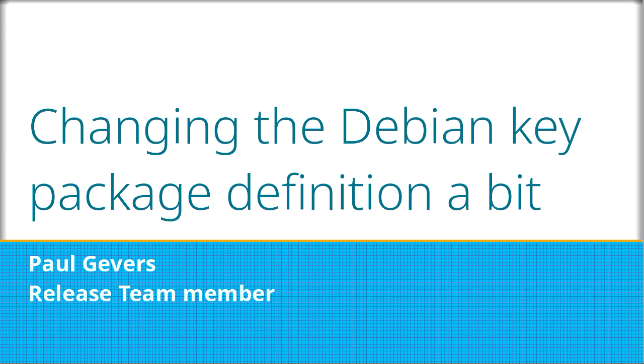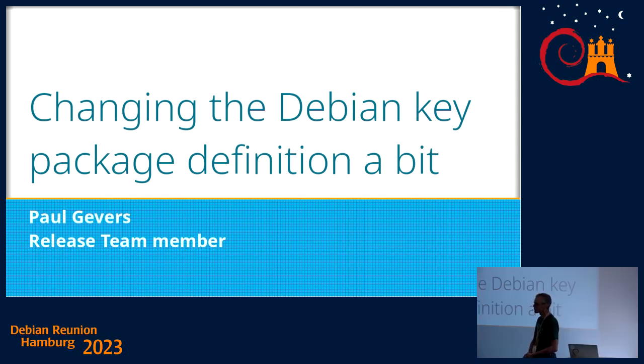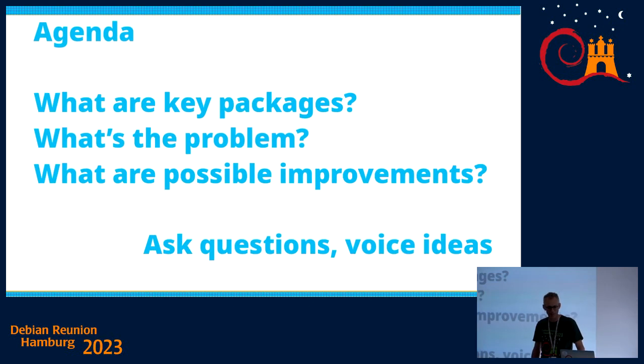Thank you. Just like the previous talk, I hope this to be more of a discussion, but I'll also give a short introduction. I'm a member of the release team, and one of the tools that we have is the key package set definition. They work, but I'd like to have some changes, and that's what this BOF or discussion is about.